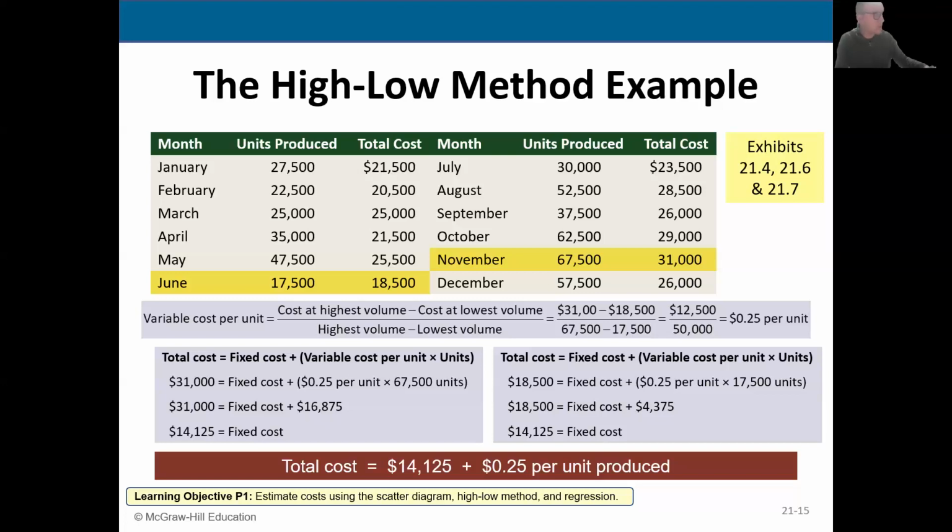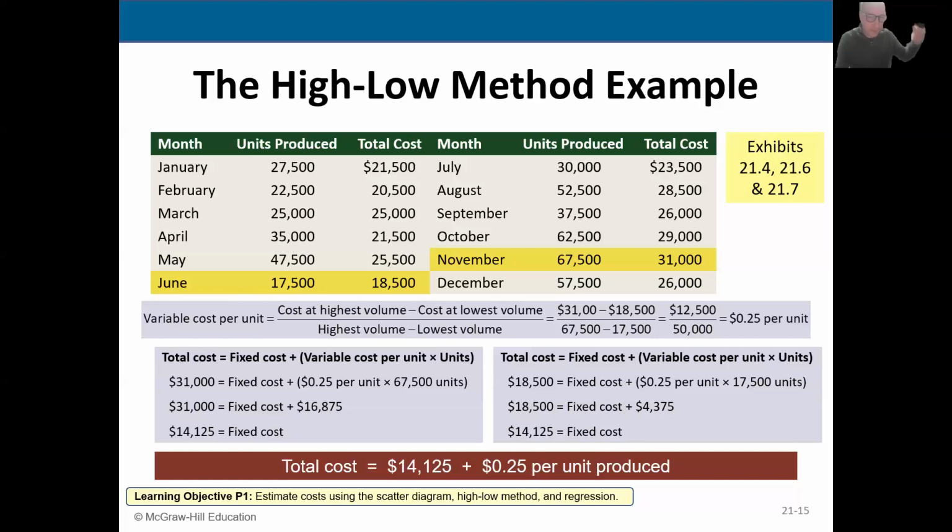You take your total cost minus your variable cost equals your fixed cost. Okay, you'll notice that they balance out at the high and the low at 14,125. You want them to equal. That's the point that I'm getting at.